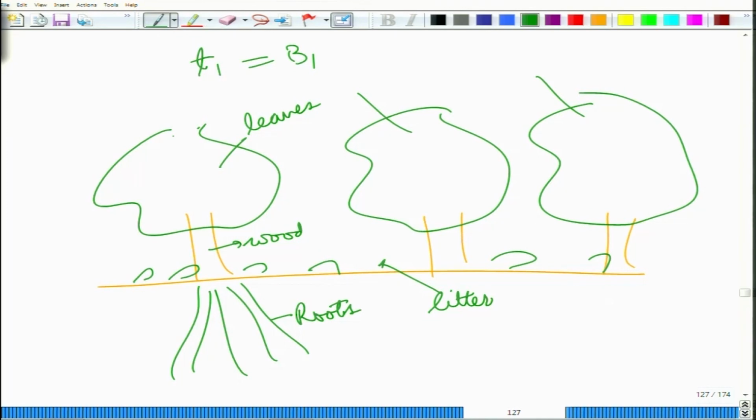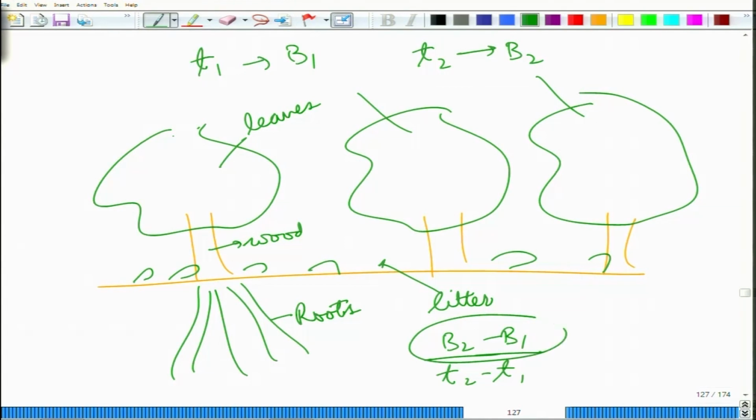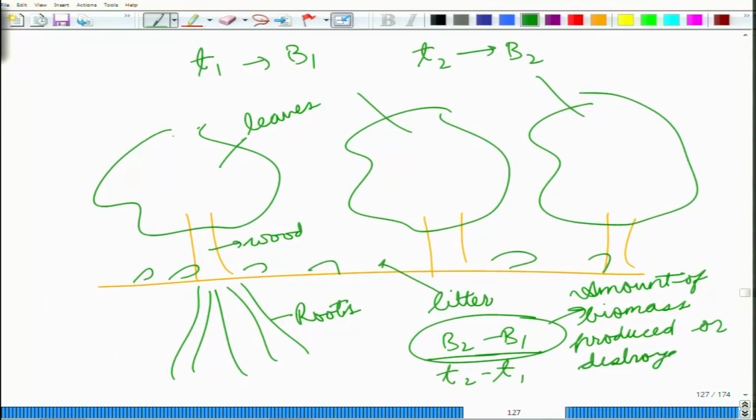Now, you go back to this forest after say 1 year and at that time t2 you measure the amount of biomass and that is B2. Now, in this period of t2 minus t1 you have a total change of biomass of B2 minus B1. So, that is the amount of biomass that has been produced or destroyed, depending on whether it is positive or negative, in time t2 minus t1.